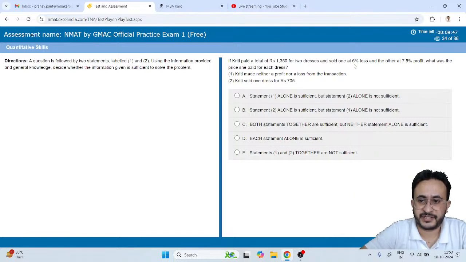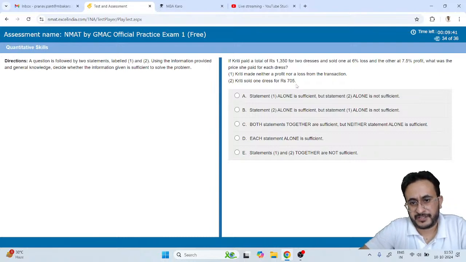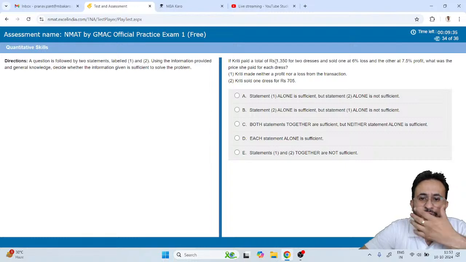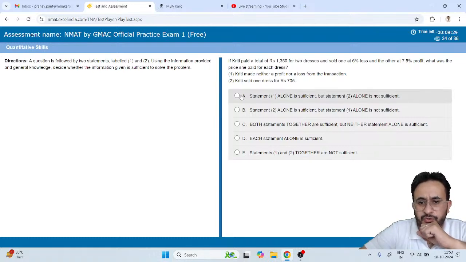Statement two: one dress was sold for 705. So using this, if one dress is sold at 705, the other is sold at a price we do not know. Also, which one she sold at a profit and which at a loss is unknown.